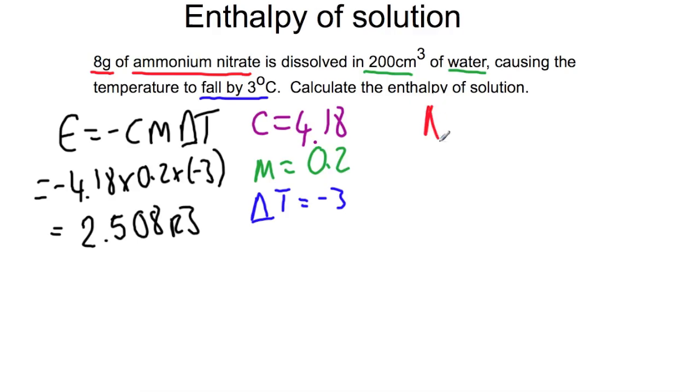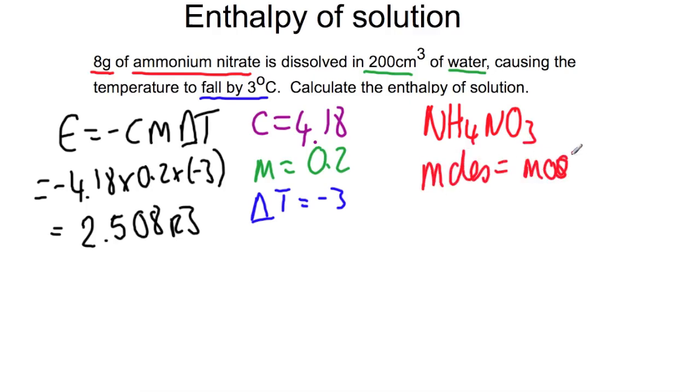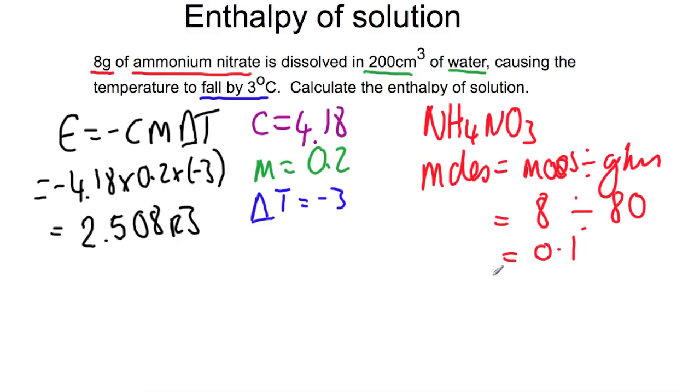Ammonium nitrate has the formula NH4NO3. And we're trying to calculate the moles that we use. So that's moles equals mass divided by gram formula mass. So it's 8 divided by 80 to give us moles of 0.1. And then like before, we have delta H equals E divided by moles.